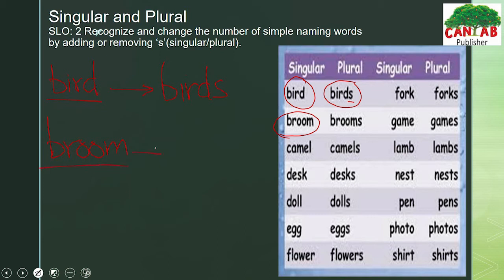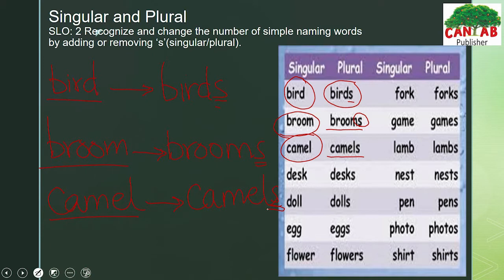It is used for cleaning, which we also call jhaadu. Brooms. Camel. Camel means unth. More than one, camels.